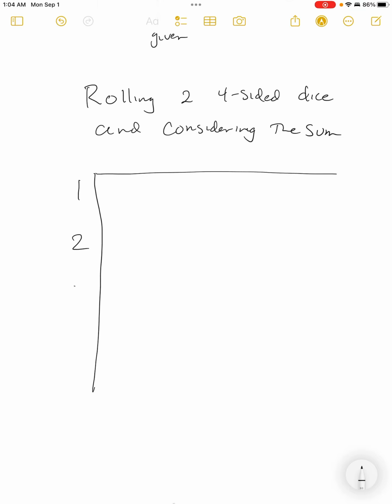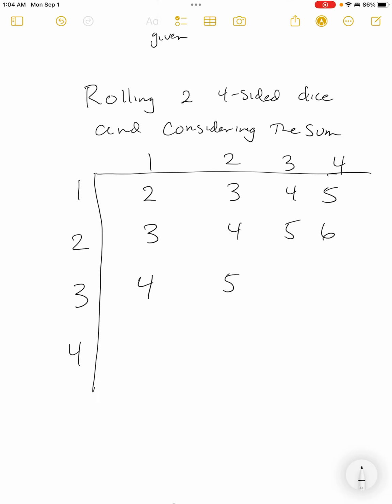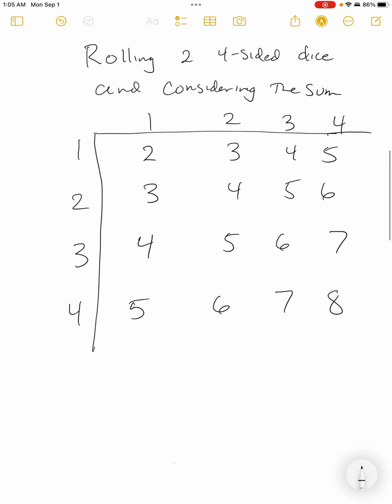And so I have 1, 2, 3, 4, 1, 2, 3, 4 could come out on either die. So again, I'm looking at the total. So my total is 2, 3, 4, 5, 3, 4, 5, 6, 4, 5, 6, 7. And then 4 is 5, 6, 7, 8. And those are my totals there.